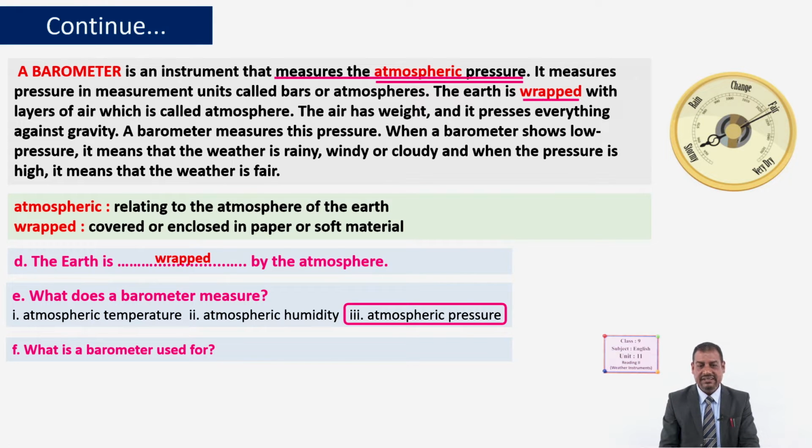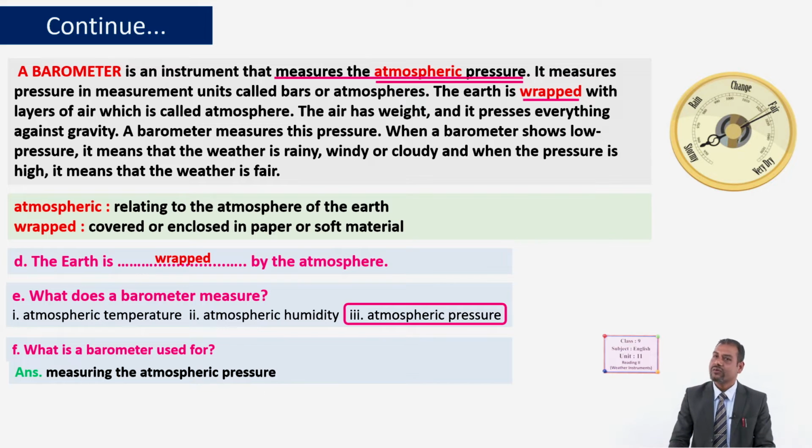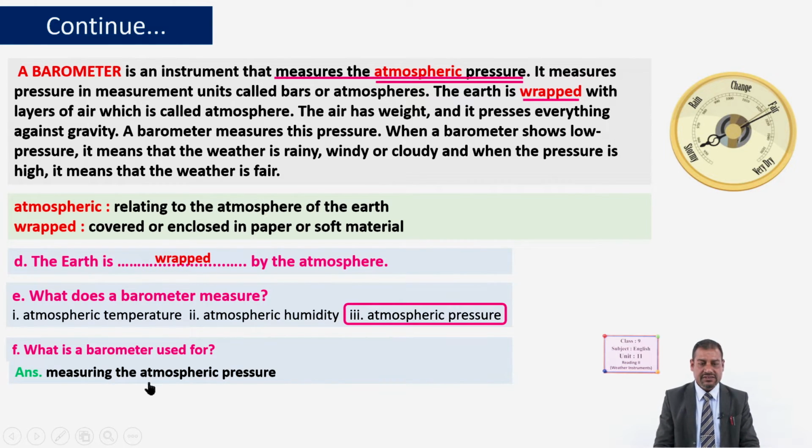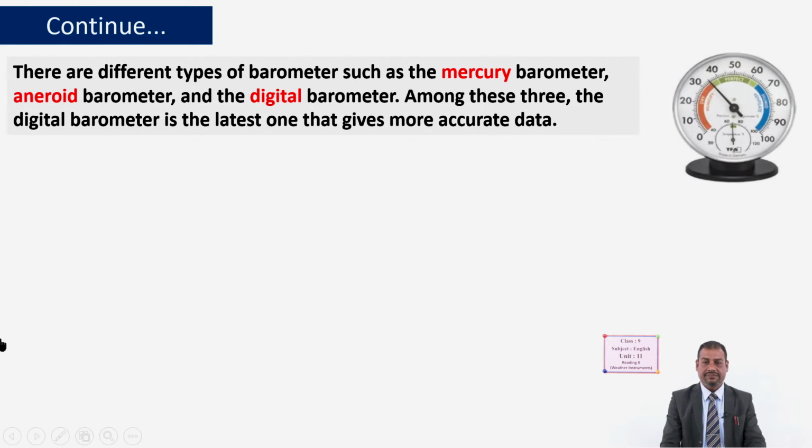A barometer is used for, like that. See, if you write a complete sentence, it becomes: a barometer is used for measuring the atmospheric pressure. And I have already told you that in a comprehension question answer, you can write down only the major words. You don't need to write down a complete sentence. So your answer can be: measuring the atmospheric pressure. Okay, have you written it down? Good. If so, again we have another.